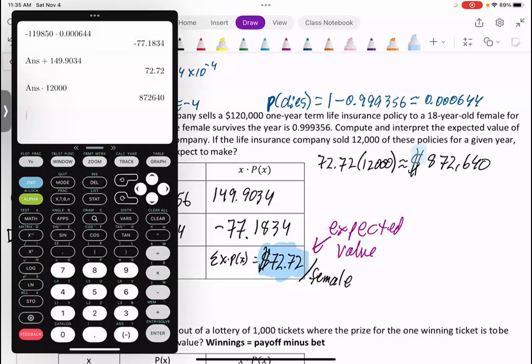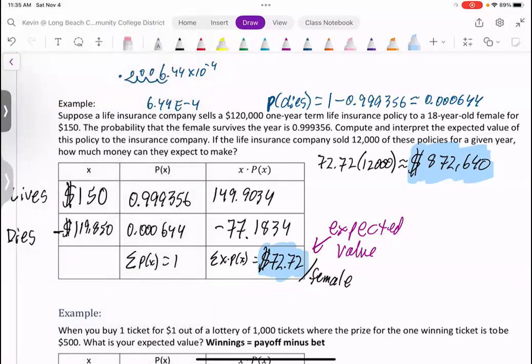Although that sounds like a lot of money to you and me, to an insurance company, it's really not that much money. They're making billions and billions of dollars. All right. Interesting stuff.